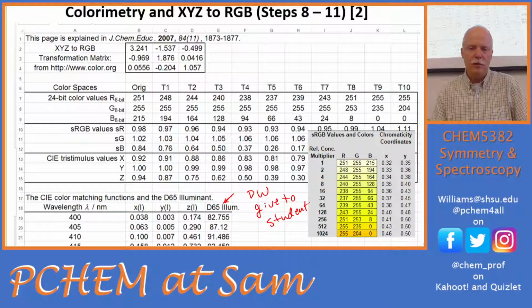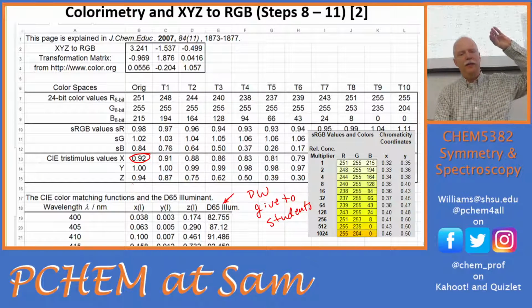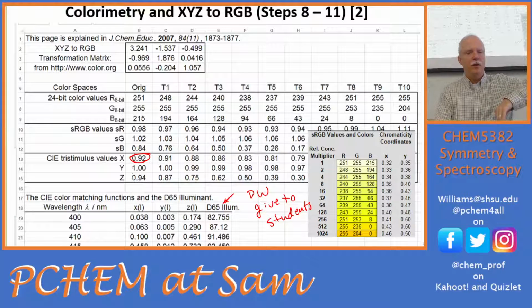So right here on this tristimulus value for X, I have the sum product of my transmittance spectrum for this original calculation times the X value here times the illumination value.